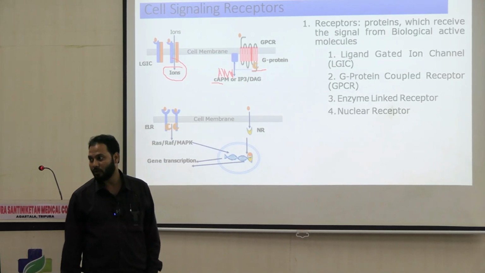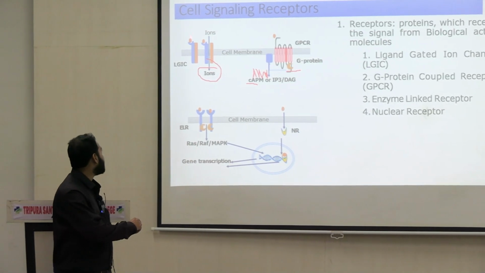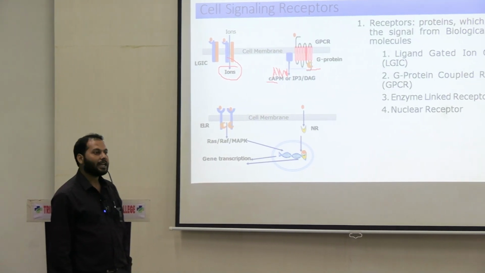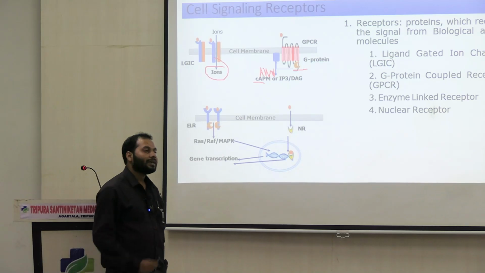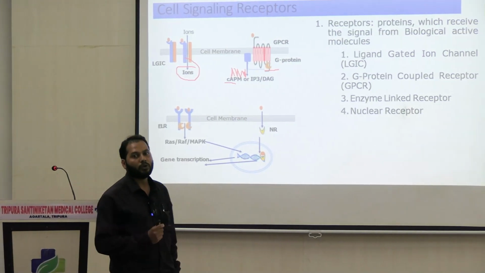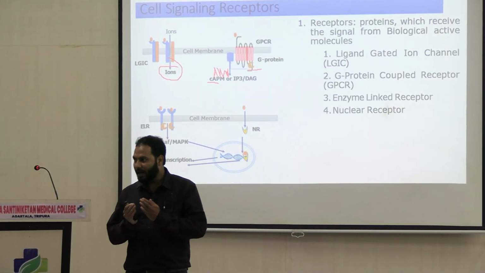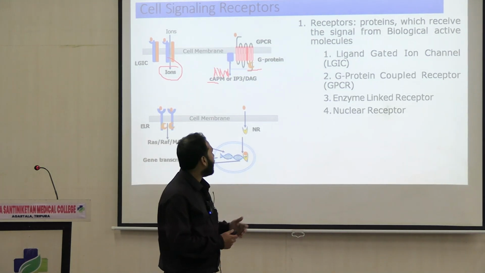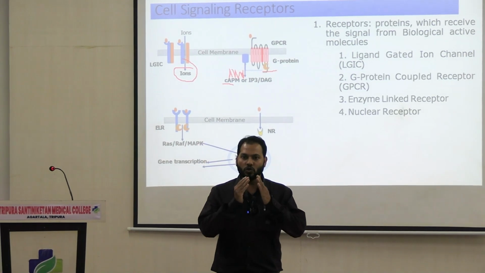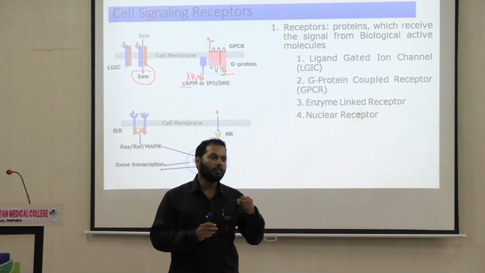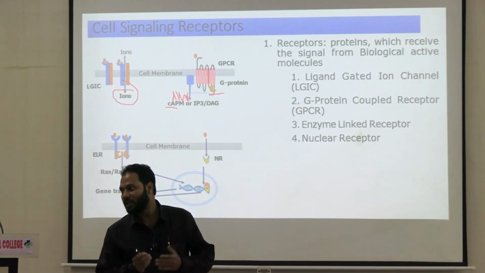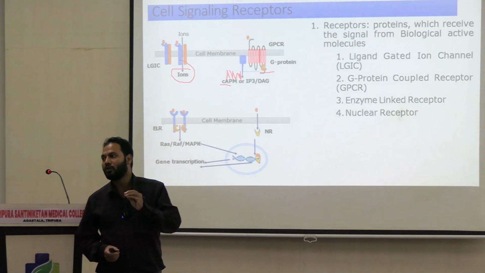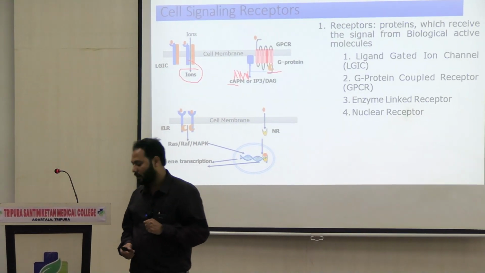So where does the signaling molecule bind? Yes, there is a specific site for the binding of this signaling molecule, right? Once the signaling molecule binds with these receptors, there is a conformational change in the ion channel. Before binding of the signaling molecule, the ligand-gated ion channel is a closed receptor. Once the signaling molecule binds, there is a conformational change, and it opens up and allows a specific type of ion only from outside to inside of the cell.